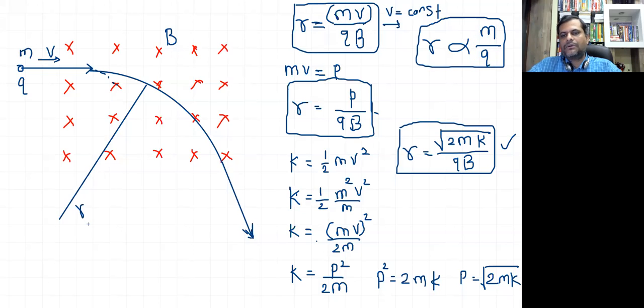Okay. दूसरी बात ये हम समझ सकते हैं यहाँ पे कि if all the particles are fired with the same momentum, suppose if it is given that the different particles are fired with the same momentum, that means if p is going to be constant, right? तो अगर p constant है, तो उस केस में क्या होगा?